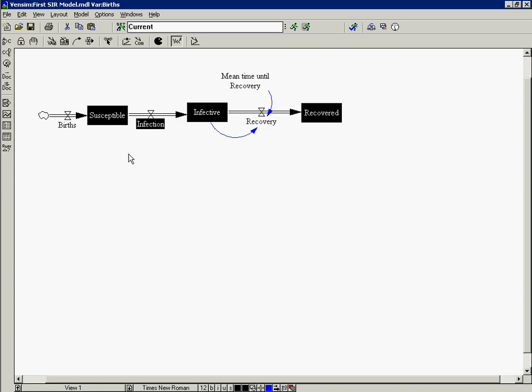This is where the nonlinearity comes in. Now we have not just a recovery flow that depends linearly, some constant times the number of infectives, but a rate of infection, how many people per unit time are getting infected, that depends on the number of susceptibles and the number of infectives, both. And we'll see how this plays out.